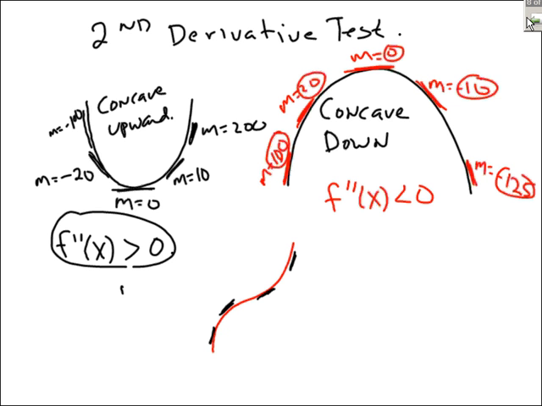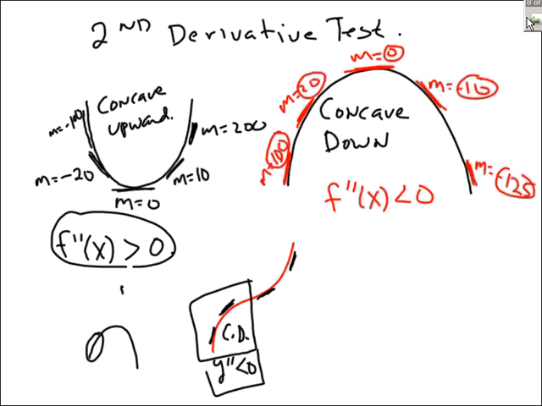It's always positive. But you know what? This portion of the graph looks like part of that. Here, it's concave down. That means the second derivative, call it y double prime, is negative.